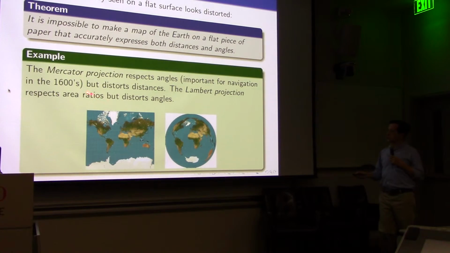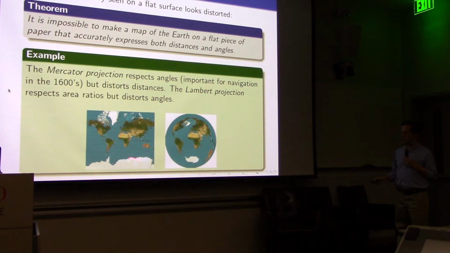Now, in a school textbook, you often see this standard Mercator projection, and this has the feature that it actually faithfully represents angles, which is really useful if you want to do navigation. On the other hand, as is well known, it massively distorts area ratios. So it makes Greenland look about the same size or bigger than Africa, whereas in fact it's much smaller.